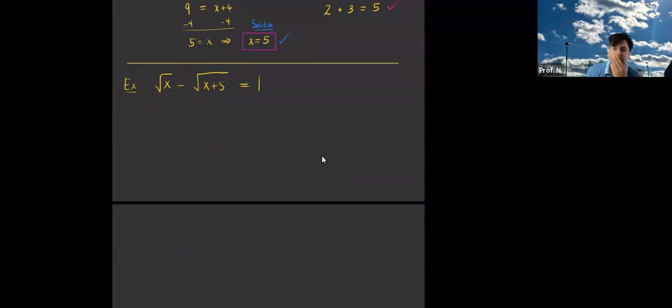Does anybody have an idea? If not, we can just go and try to figure it out. So let's add rad x plus 5 on both sides.